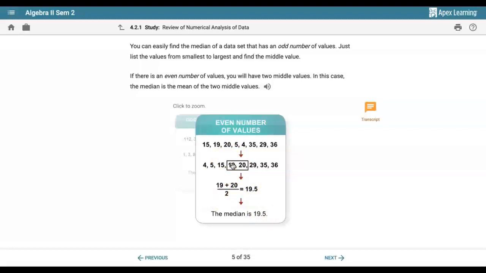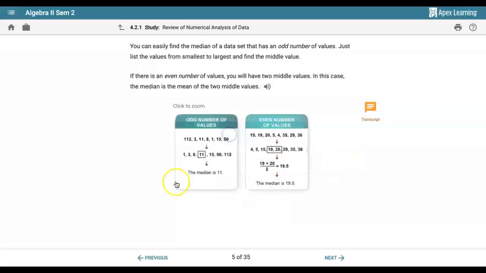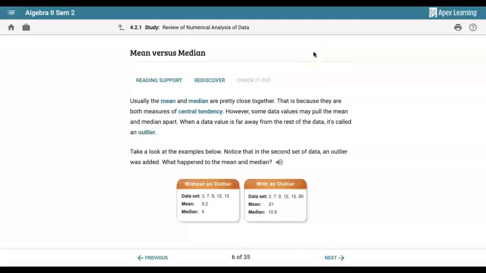The reason is that I've got 3 below and 3 above, and I can't just choose one over the other. So you add them together and divide by 2. That's all dependent on the number of values that you have.